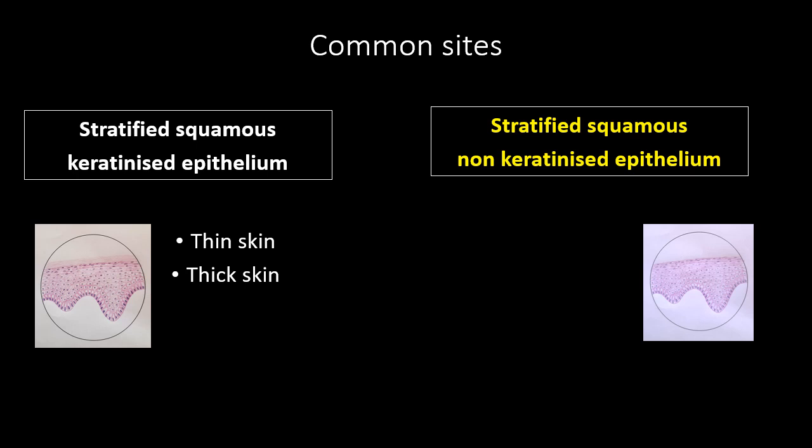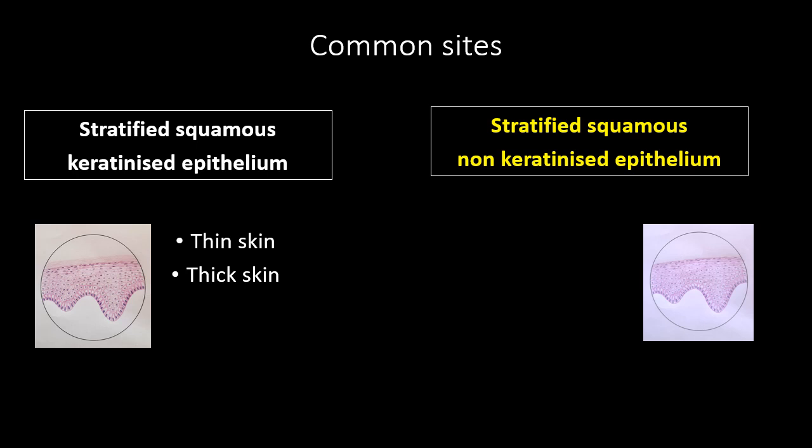What about the common sites of non-keratinized epithelium? Just like its counterpart, this type of epithelium is also seen in areas which are exposed to the outside world. There is an add-on. The non-keratinized epithelium is seen in moist areas which are exposed to the outside world.